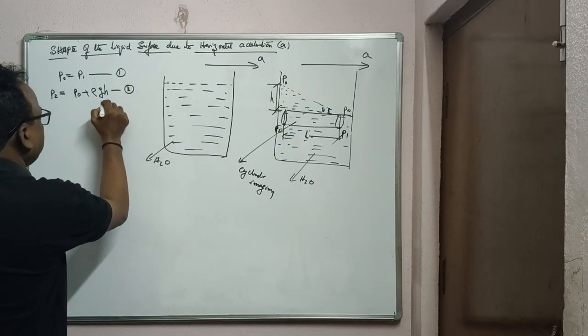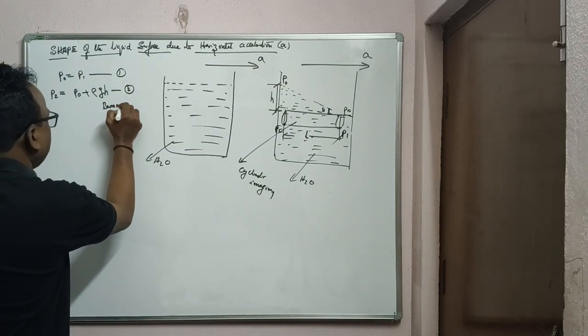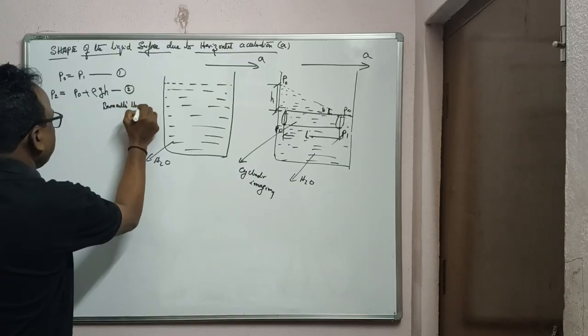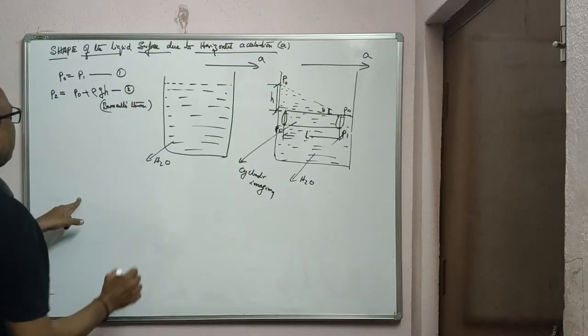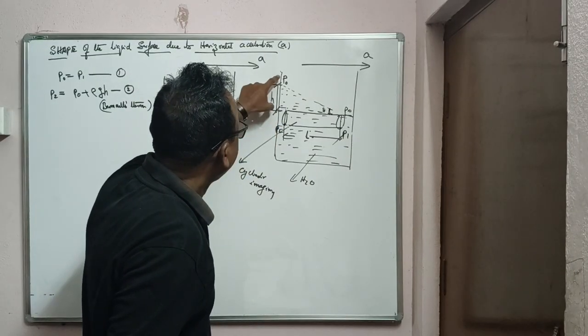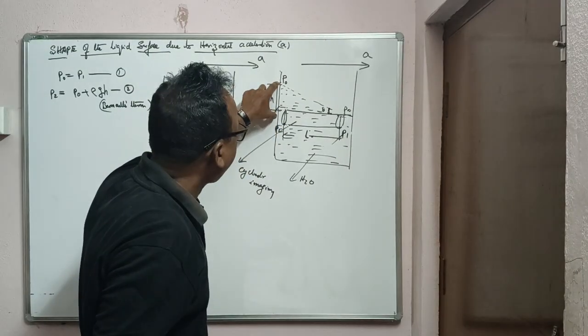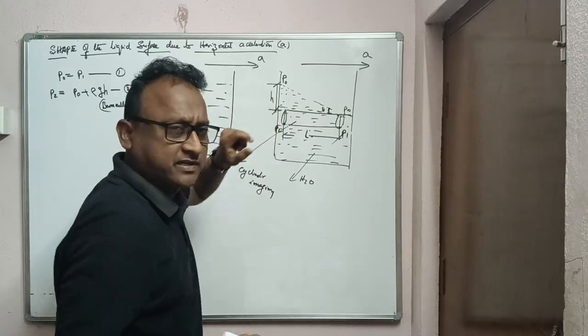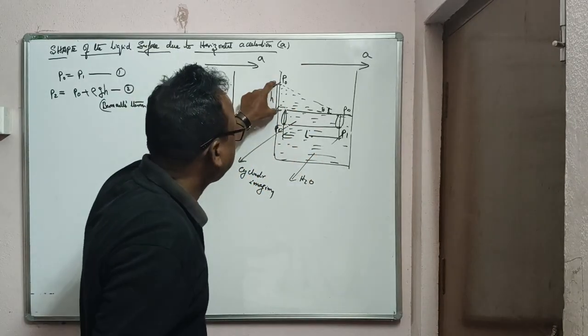So from Bernoulli's theorem, P naught plus rho g h. So what is the pressure here? Atmospheric pressure plus rho g h: density of the fluid times acceleration due to gravity times the height of the fluid raised due to the horizontal motion.